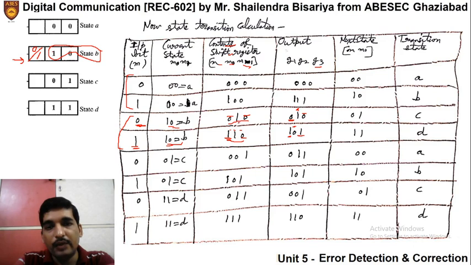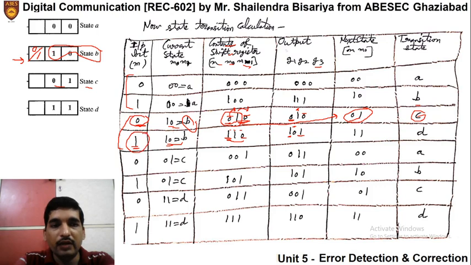And if the present state is 1, 0 and the input is 0, so this 0 will come here and this 1 will come here. So the next state will have the value 0, 1, and 0, 1 means we have defined 0, 1 state as C. So we will write that from B state it will go to C state if the present input is 0, and if the present input is 1, we can see here that this 1 will come here and this 1 will come to this position.